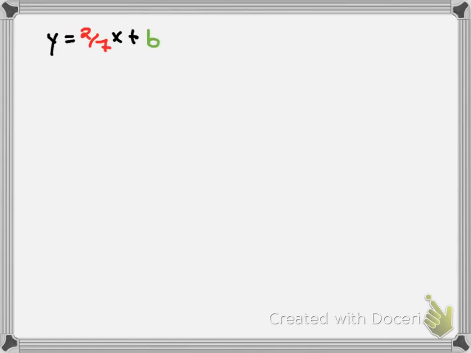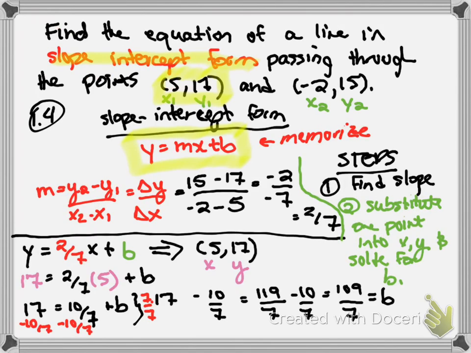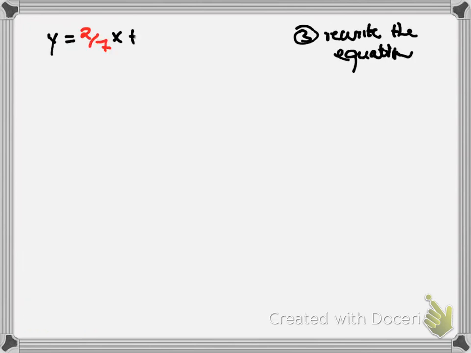So our last step, again, I don't have room on the previous page, is to rewrite the equation. And this time we want to fill in both our slope, which we had as 2/7, and now we can also substitute our b. If we go back, remember our b was 109/7.